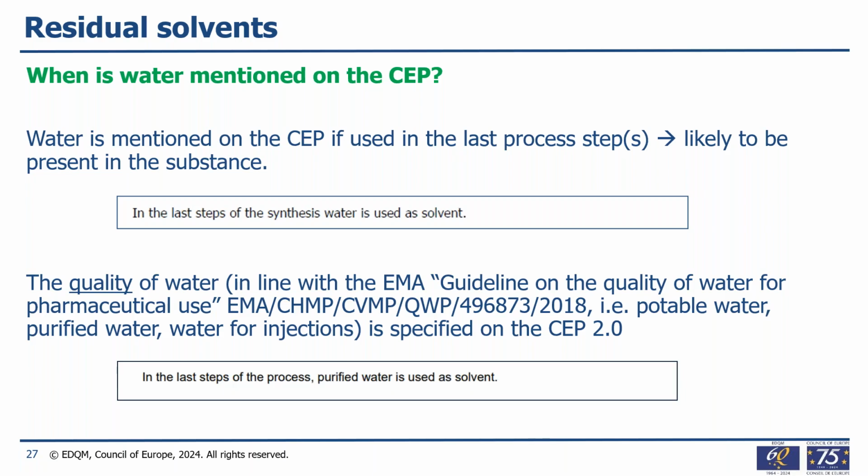So this means that the grade of water which will be mentioned on the CEP is potable water, purified water, or water for injection. And when it's clear in the file from the beginning which type of water is used, and the specifications are in line with the water which is declared to be used in the process, this also simplifies the assessment process and avoids any additional questions.